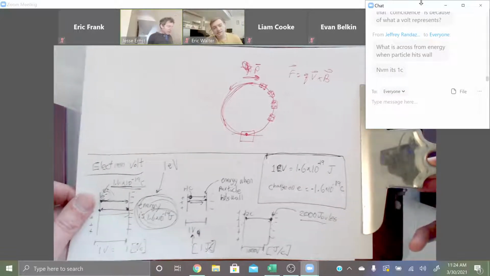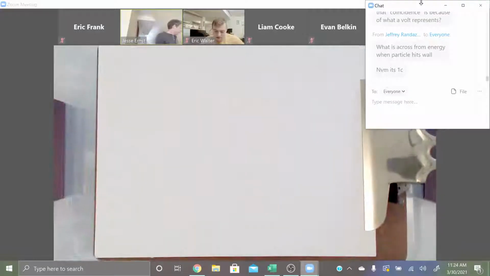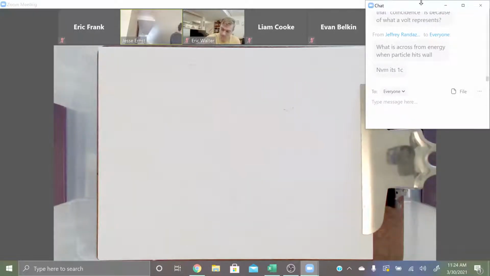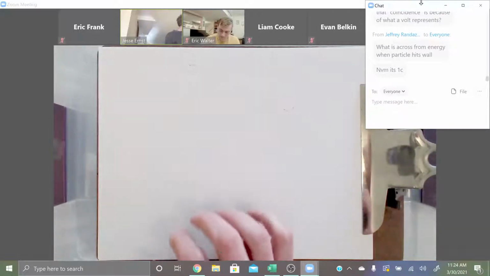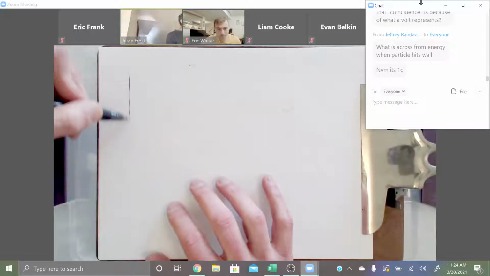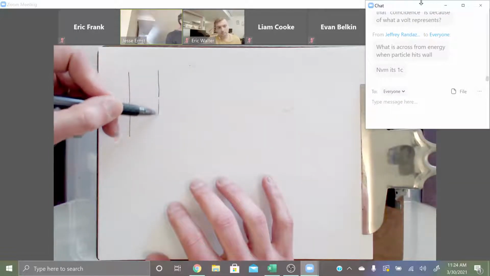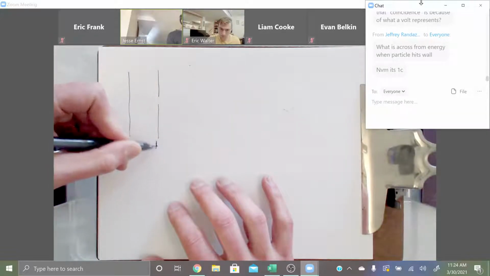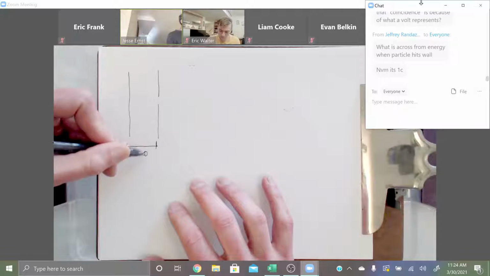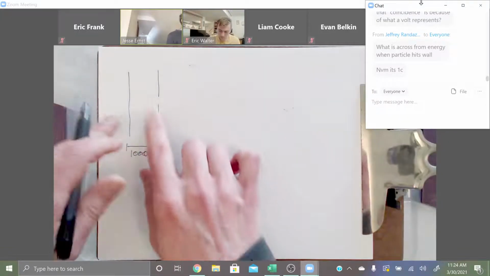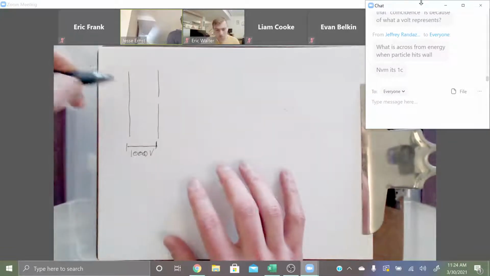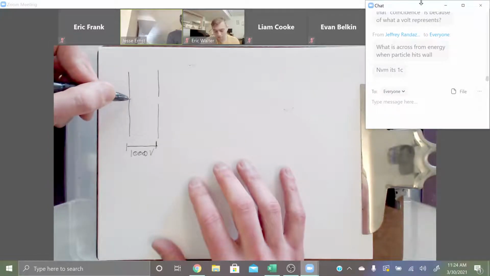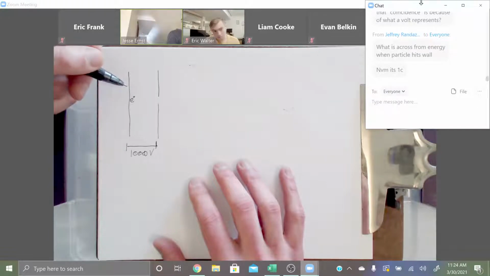Okay, so let's look at a simple case. You work on this one for a few minutes. Let's say we have a 1,000-volt difference, 1,000 volts between these two plates. I take an electron, or let's say I take a positron, so e plus, and I accelerate it.